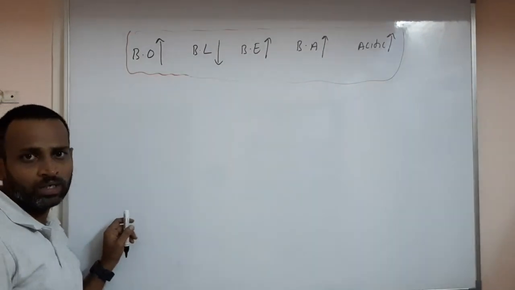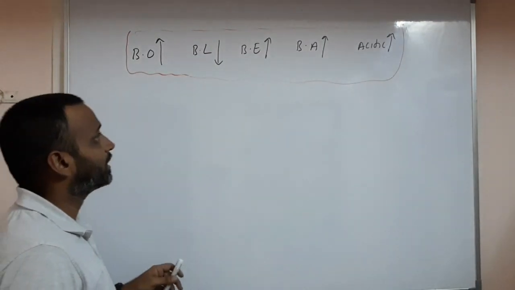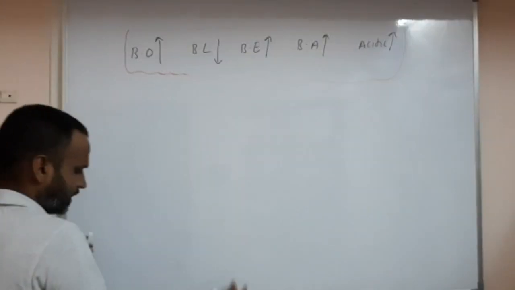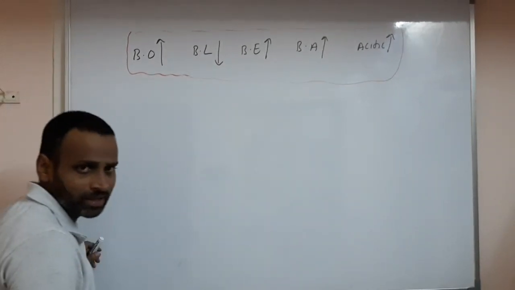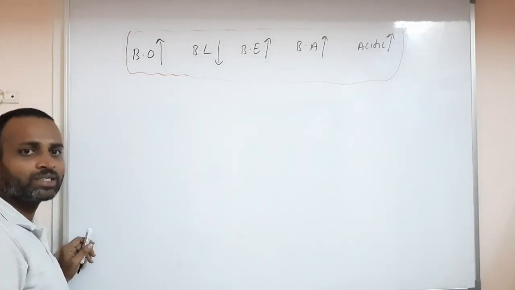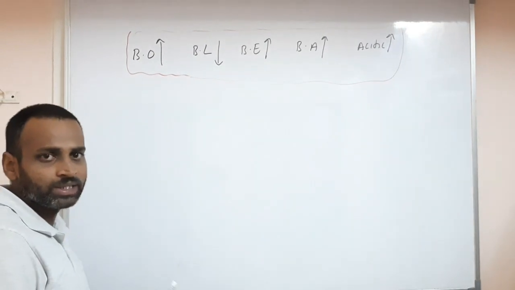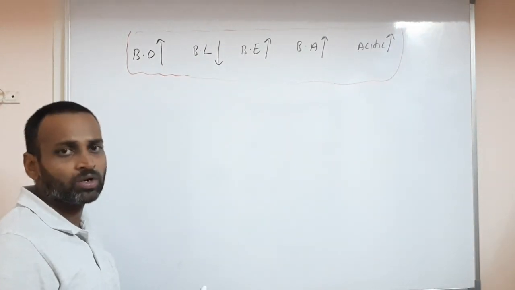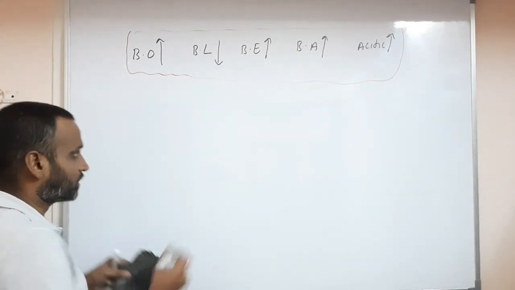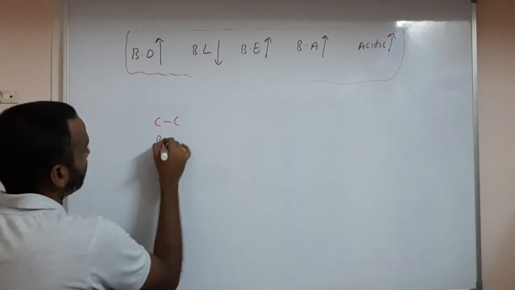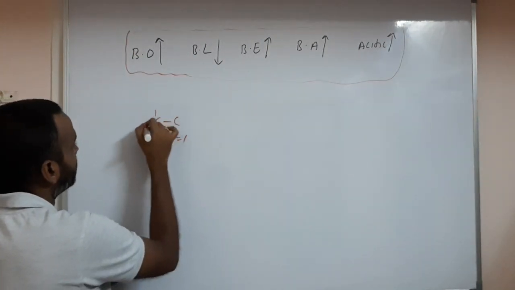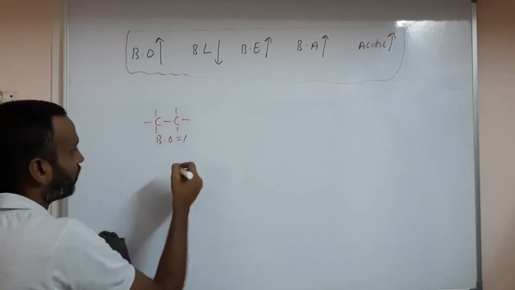Okay, so why bond order is important: you can compare many things in different compounds. Got it, everyone? So as I said many times, alkanes, alkenes, alkynes. Alkynes' bond order is more. C to C triple bond in alkynes, so bond order is 3. Like that. In CH4 or in ethane, what is the bond order?